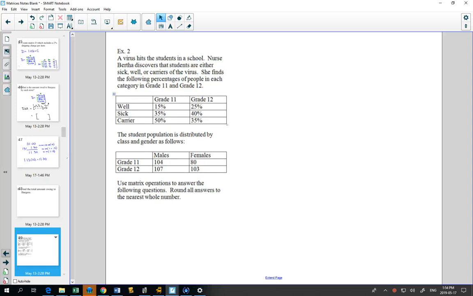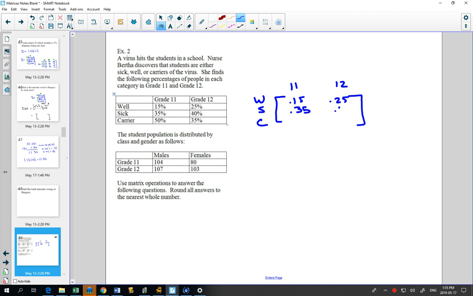Student population, males and females, grade 11 and grade 12, are 104, 80, 107, and 103. So what we can do with this is set up some matrices. This matrix, grade 11s and 12s, well, sick, carrier: 0.15, 0.25, 0.35, 0.4, 0.5, 0.35.